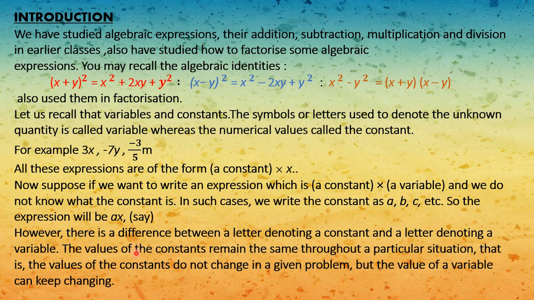The values of constants remain the same throughout a particular situation, that is, the constant is not changed in any problem, but the value of a variable keeps changing, as we have studied. Variable: vary plus able, the quantity that changes its value according to the problem, and a here denotes the constant, that is a fixed value. So a variable is not a fixed value, and a constant has a fixed value.